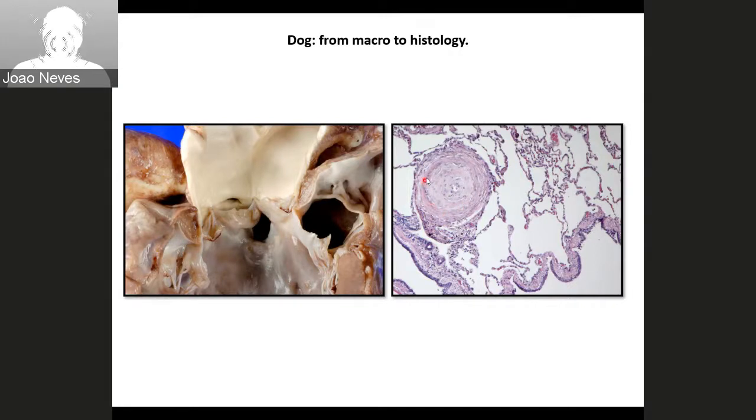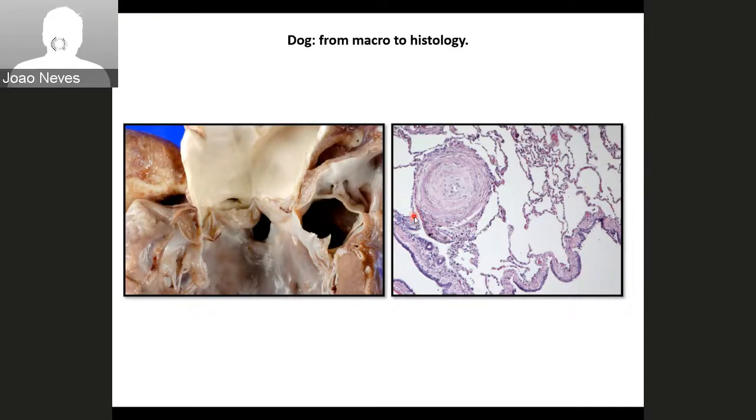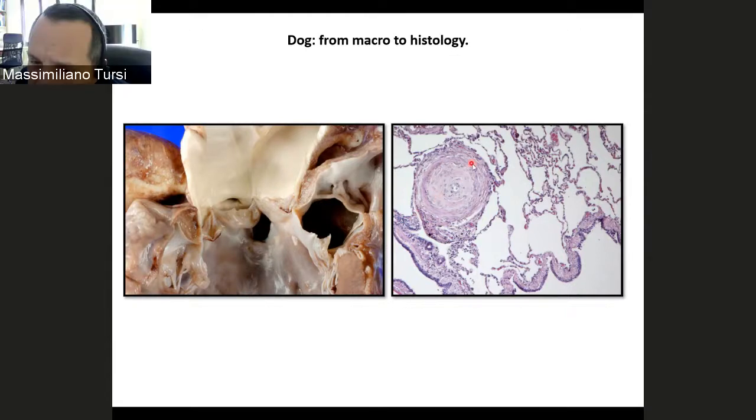Is that one? Yeah. Okay, perfect. So thank you. If you say for your examination medio-intimal, you are right, because with other pathologies we may discuss for 1 week about this picture.